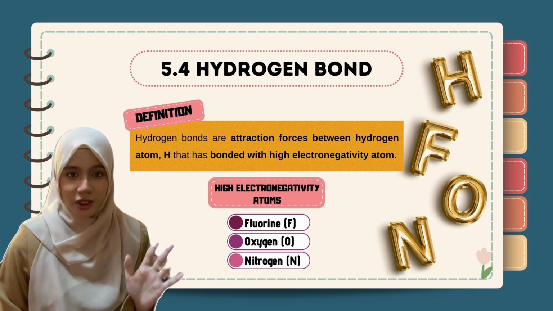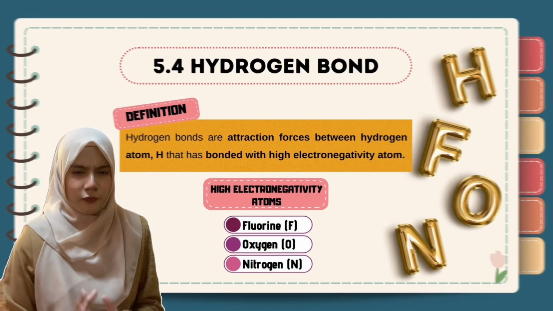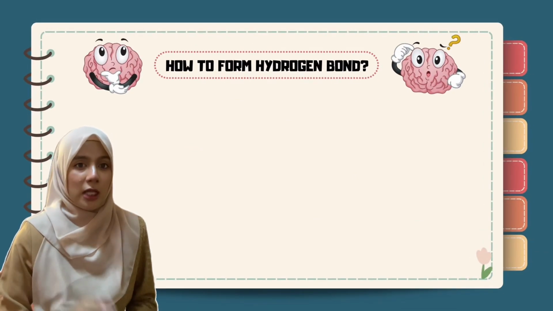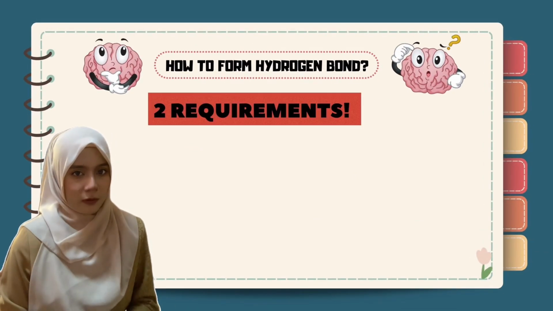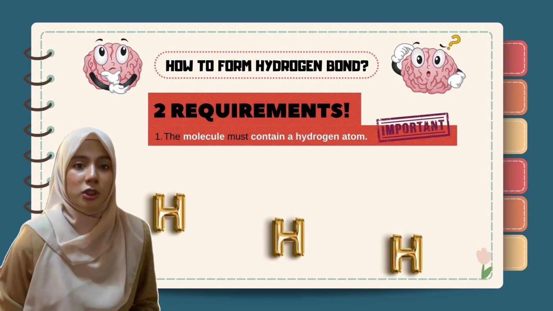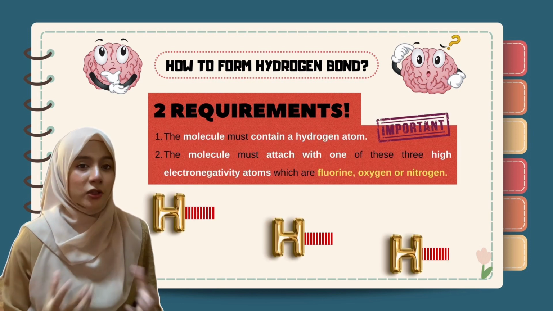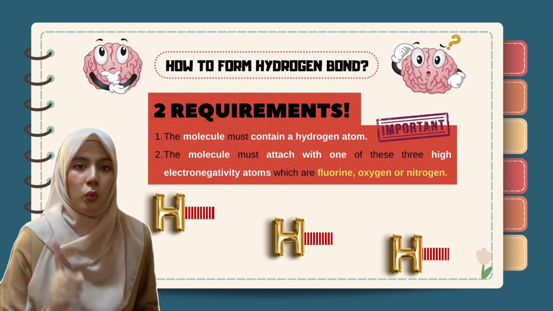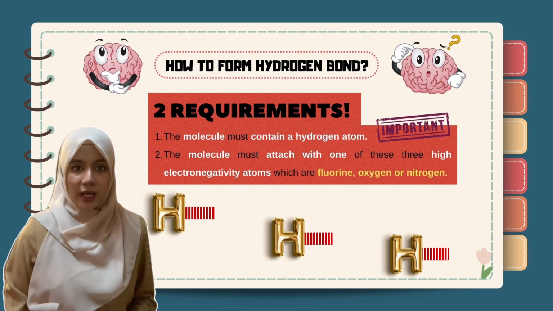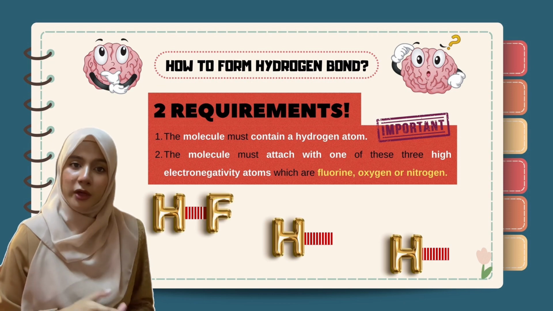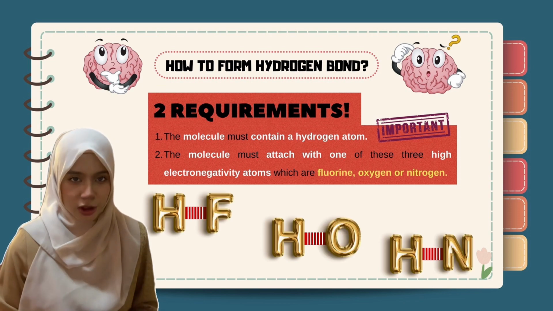Based on the definition, we can see that to form a hydrogen bond, there are two requirements that must be fulfilled. First, the molecule must contain a hydrogen atom. Second, the hydrogen atom must attach with one of these three high electronegativity atoms, which are fluorine, oxygen, or nitrogen.